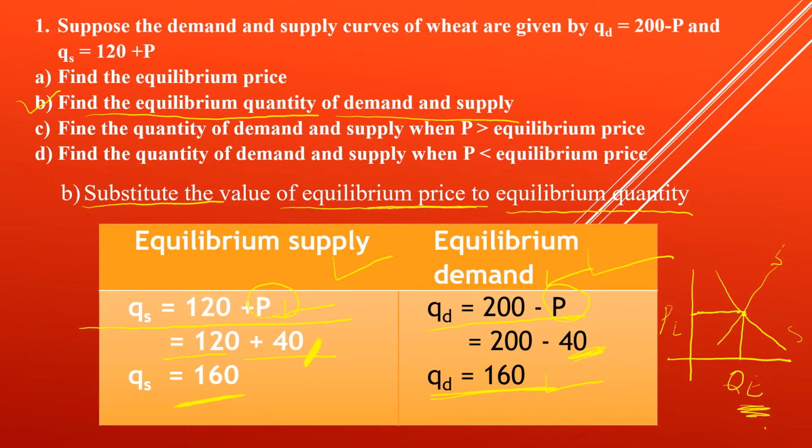So in the equation, if we substitute the equilibrium price, you will get the equilibrium supply and the equilibrium quantity demanded. And in this solution you can see quantity supplied is exactly equal to quantity demanded.